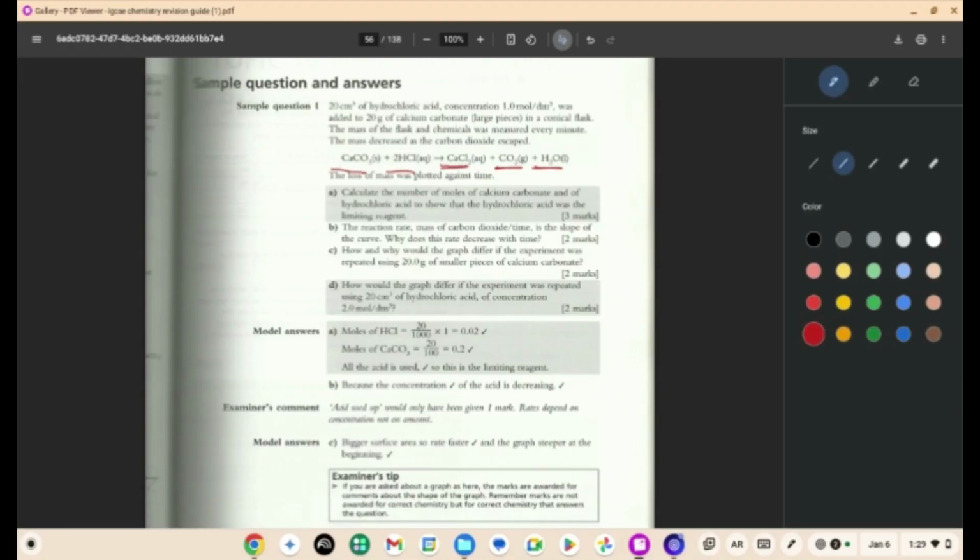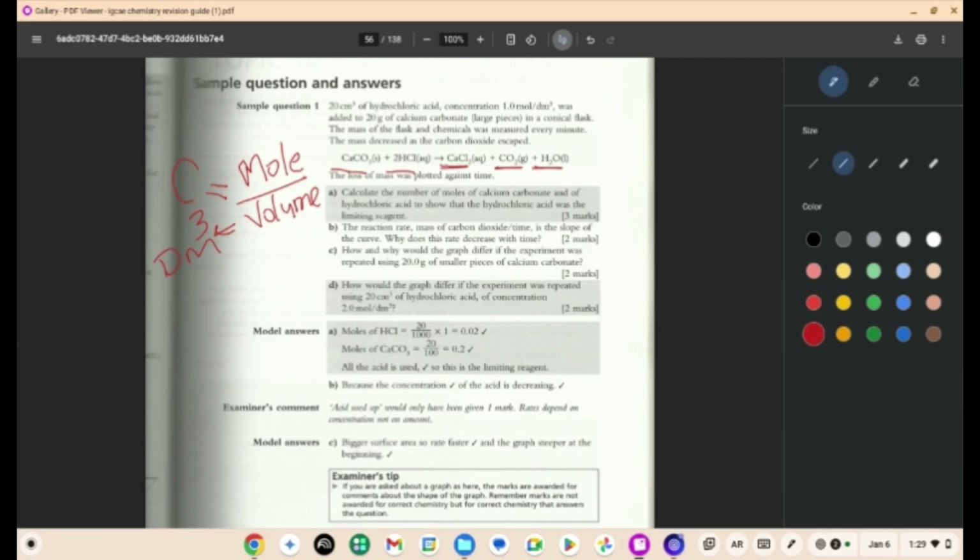As we know, concentration equals number of moles divided by the volume, and the volume here must be in dm³.